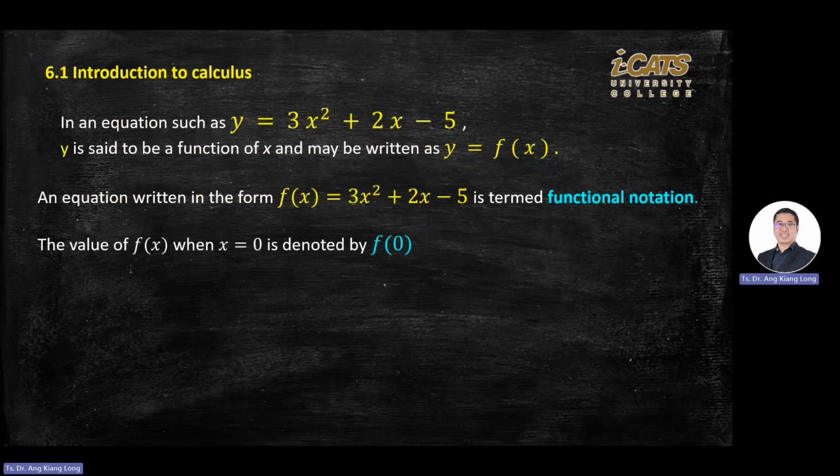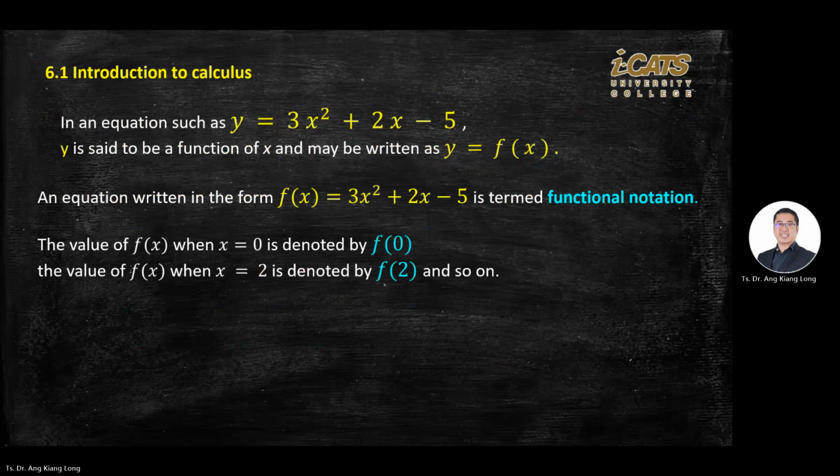It means you can substitute the x value every time you write f bracket x. For example, if you want to find the relationship when the x value is 0, you write f bracket 0 straight away. If you want x equal 2, then you write f bracket 2. So this is functional notation.